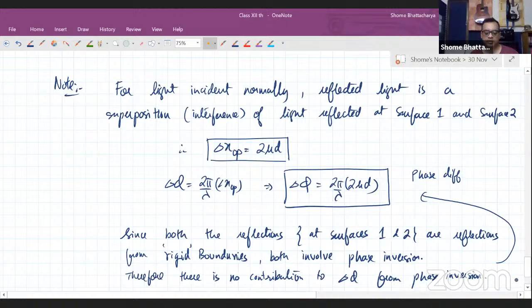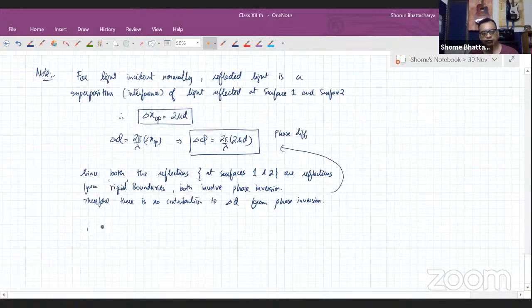Okay. So for example, let us look at question 35, which is one of the questions you have asked also as a doubt. 35 and 37. Let us discuss these two questions. So before that, if 2 times mu d is n lambda, we will have constructive interference.